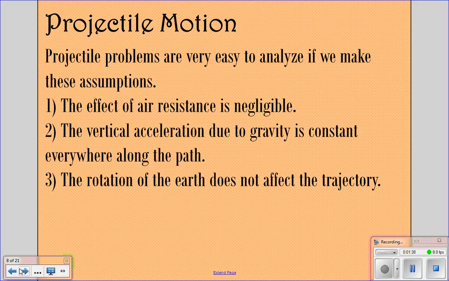Now, I realize that technically you do have air resistance, your acceleration due to gravity may change, and the rotation of the Earth can affect the trajectory of some problems. But we are assuming that those do not happen, to make the problem simpler and easier for us to understand and practice, even though if we did it in real life, we wouldn't get the exact same thing.